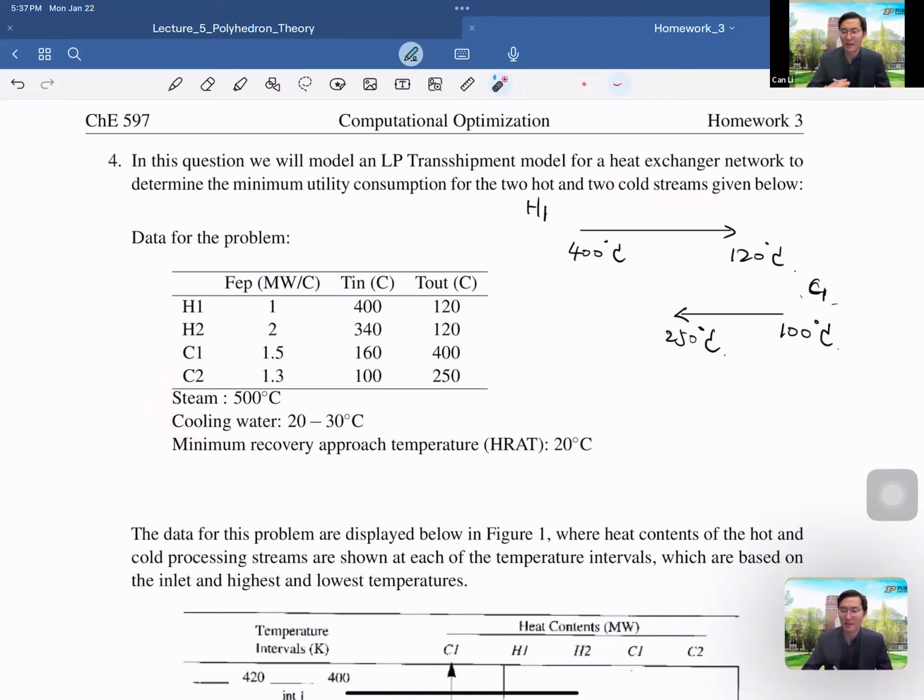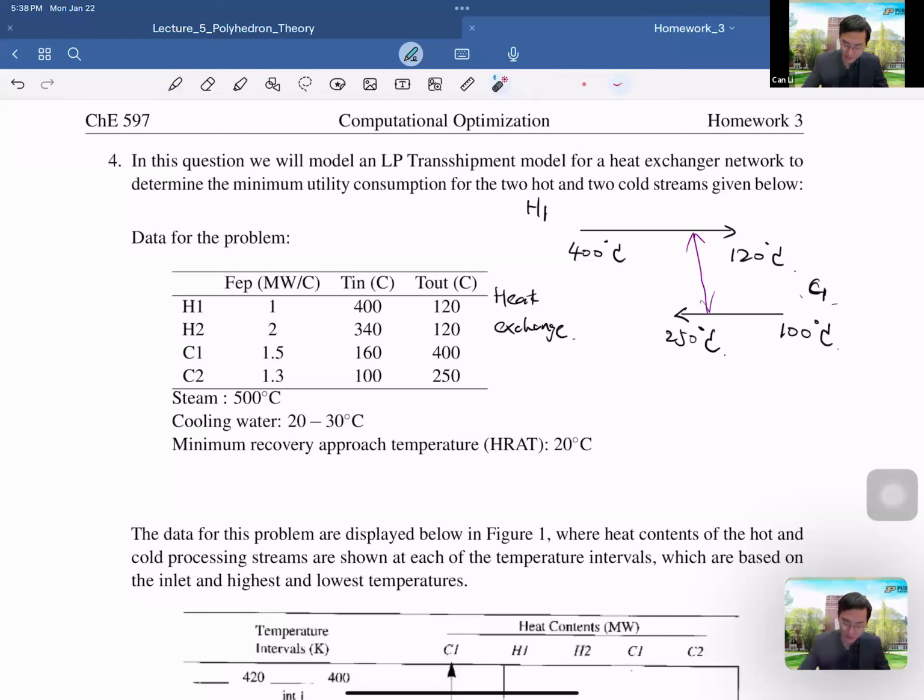And one of the inventions in chemical engineering is to have something called heat exchangers. So you can have a heat exchanger that can exchange heat between the hot stream and the cold stream instead of using the steam or cooling water.